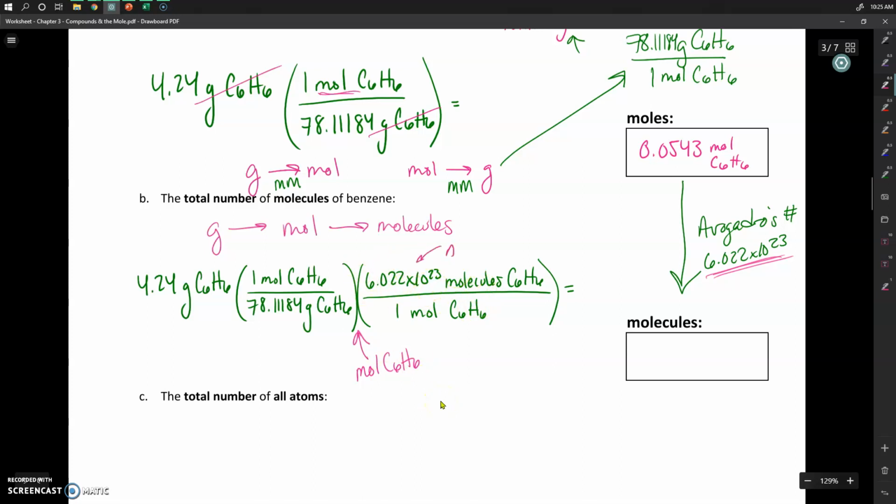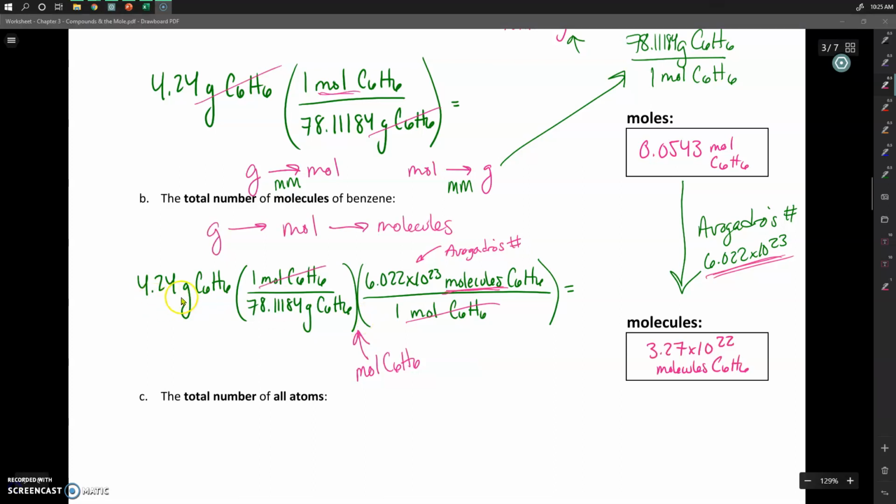So here is Avogadro's number again. And recognize here that this is given as a conversion factor, where we're recognizing that this is the number of molecules per 1 mole of this compound. And so I'm setting it up this way so that, again, my units are going to cancel out, and I'm going to end up with molecules.